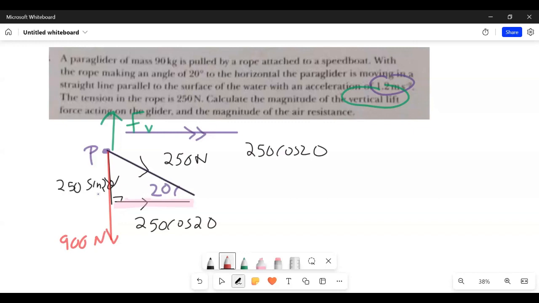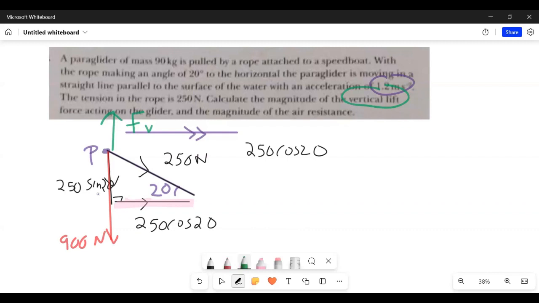Okay. So the up and down forces cancel each other out because the paraglider is not shooting up into the air. He's not moving in a vertical direction. There's no change in his position on a vertical level. So the vertical forces are actually balancing each other out.